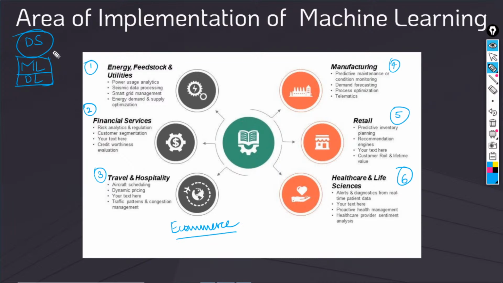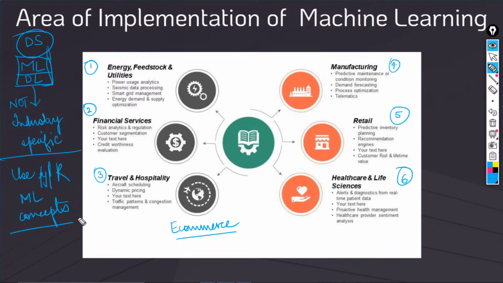Right. So now when we talk about data science and machine learning algorithms, or data science to be specific, guys, you might fit into any industry. This field is not industry specific because all I would want you to do is use Python or R as a language and come up with machine learning concepts. I don't want you to come and design a whole database for me.